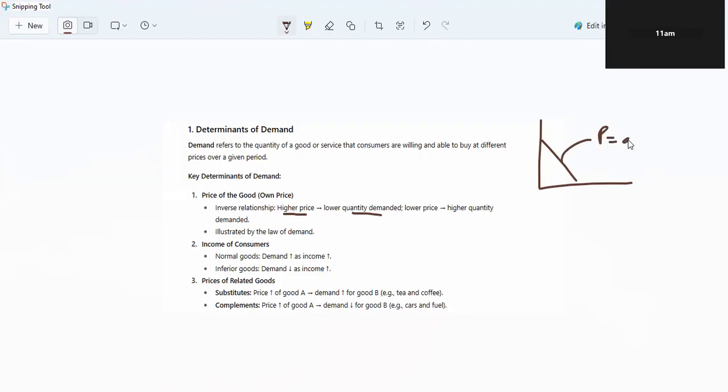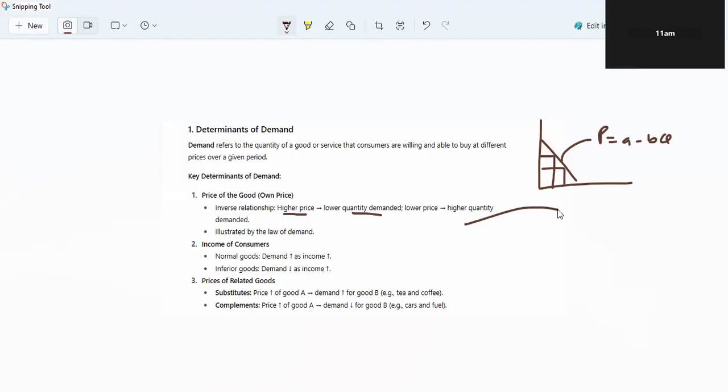Q is equal to A minus BP. So this is how demand looks like. So this is how it looks like.